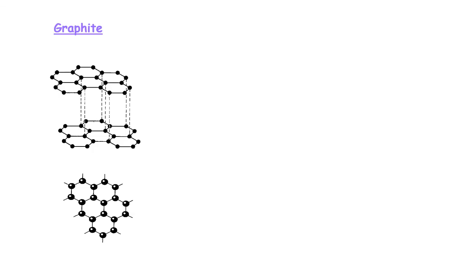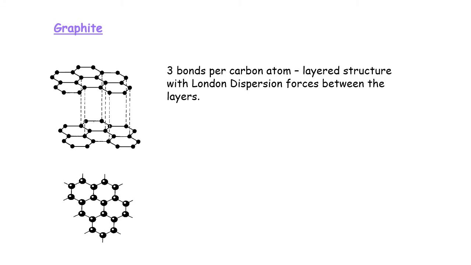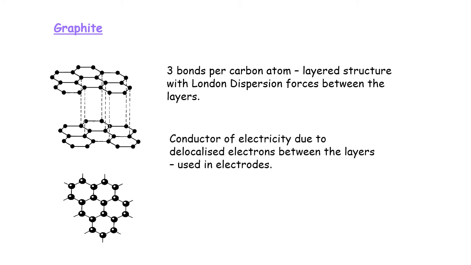The second version is graphite, which is what you'll find in a pencil lead. It instead has 3 bonds forming between carbon atoms, and it forms in layers. And actually between the layers, we have London dispersion forces, which means that all the layers are not held very strongly together.